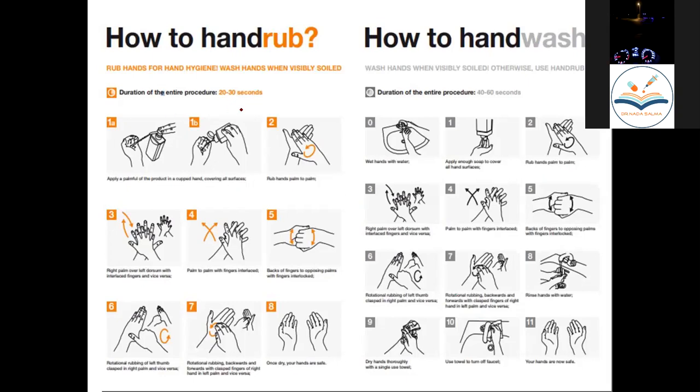First of all, to do proper hand hygiene, rubbing or washing, we have to consume the proper period of time: not less than 20 seconds for hand rubbing and not less than 40 seconds for hand washing.